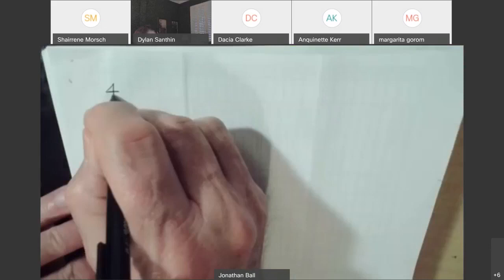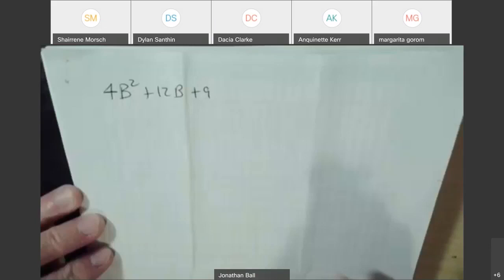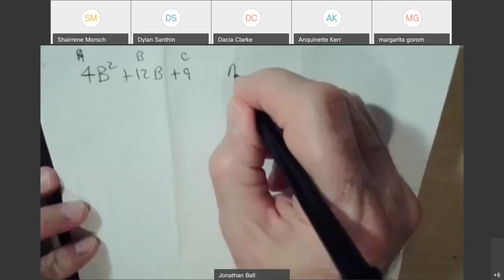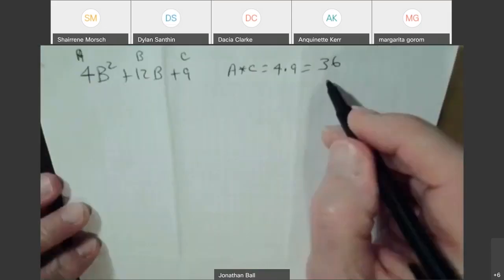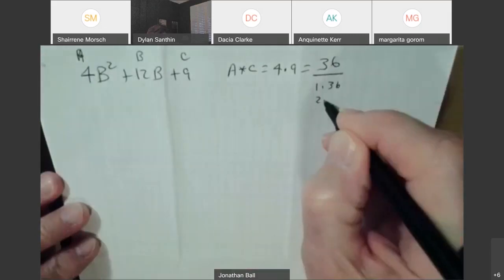4b squared plus 12b plus 9. Now remember, this is A, this is B, and this is C. So we do A times C, which is 4 times 9, which is 36. Now we're going to factor 36 into the terms that add up to 12. 1 times 36, 2 times 18, 3 times 12, 4 times 9.